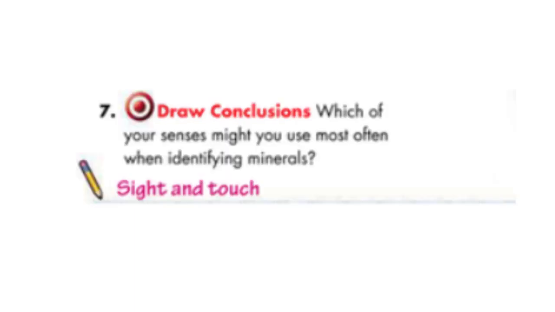You can use your eyes to identify the minerals by color. Also, what about touch? We learned in other mineral properties that there are different touches between the minerals. You can identify them by touch. Also, you can taste some minerals. That's fine. So the answer: sight and touch.